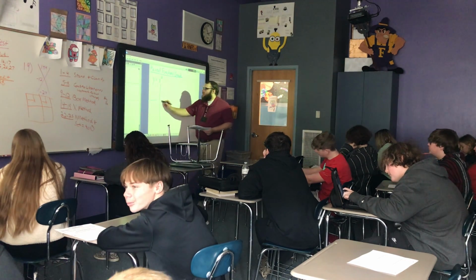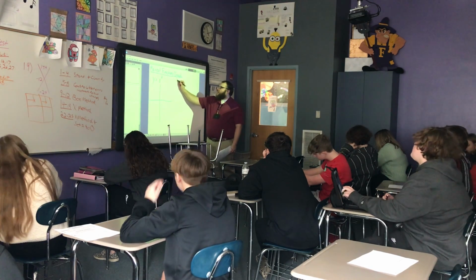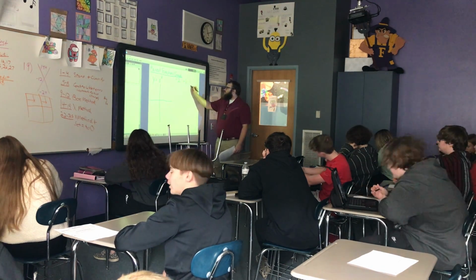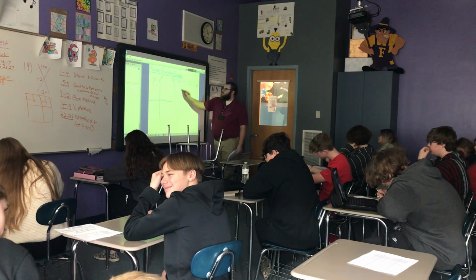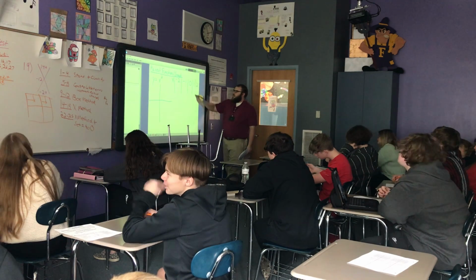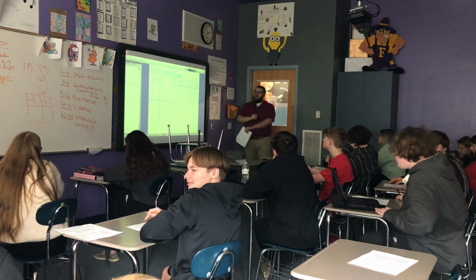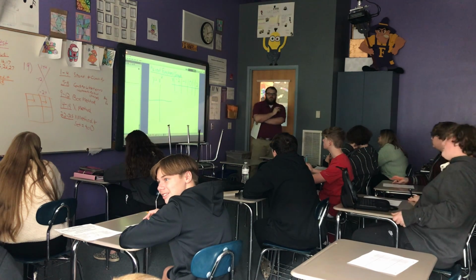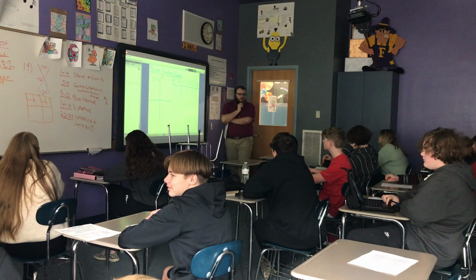So if we want to graph this, we're going to use the table that they have in there. It's got negative 2, negative 1, 0, 1, and 2 for our x values. If we plug in negative 2 into x squared, what is that value?